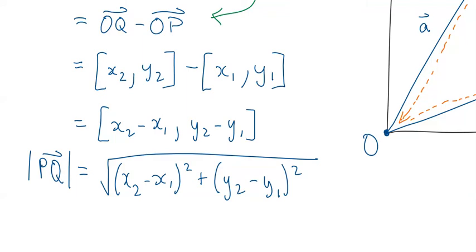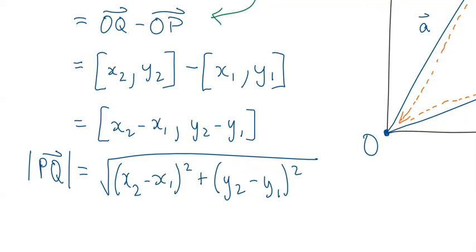Anyway, okay, so let's use this once. So we're given a couple of values. Find the position vector and its magnitude. So vector AB will be vector OB minus OA.